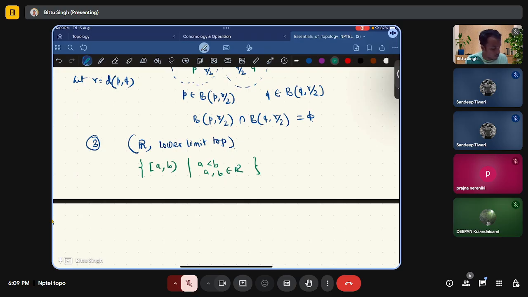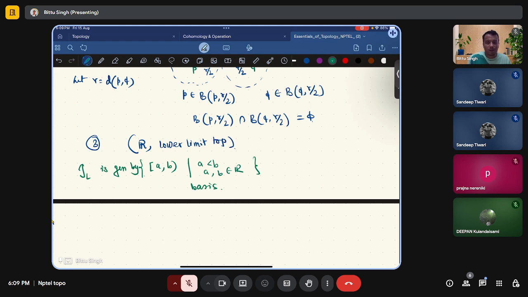This forms a basis for this topology. Tau L, the lower limit topology, is generated by this basis.